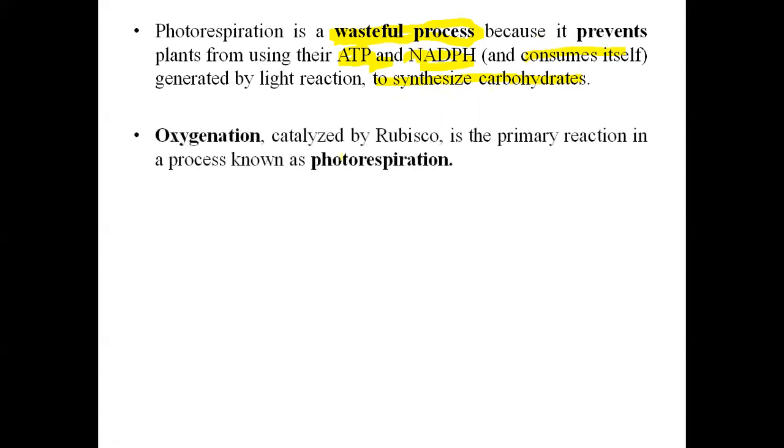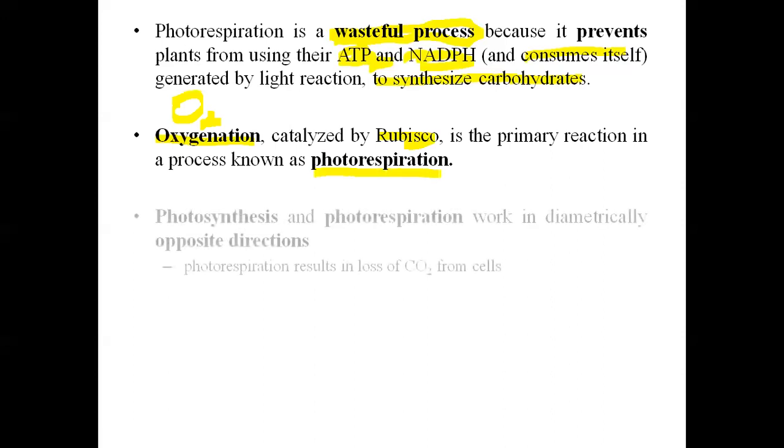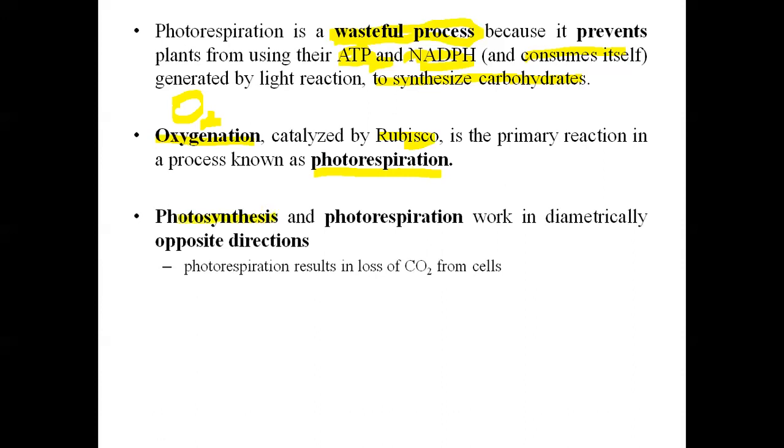So this process is also known as oxygenation because it takes oxygen instead of carbon dioxide, and this is catalyzed by an enzyme which is Rubisco enzyme. That's why this process is known as photorespiration. And photosynthesis, as we have seen in the diagram, and photorespiration work in completely opposite, diametrically opposite directions.